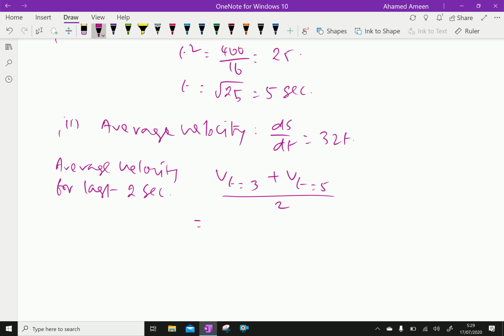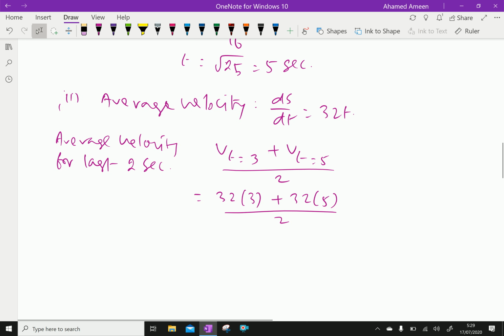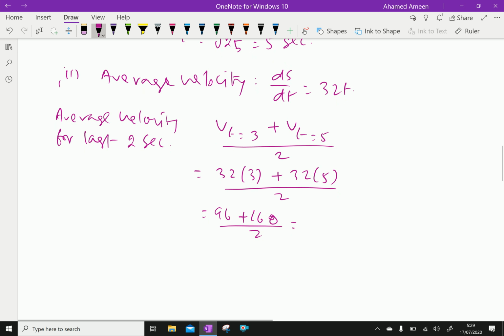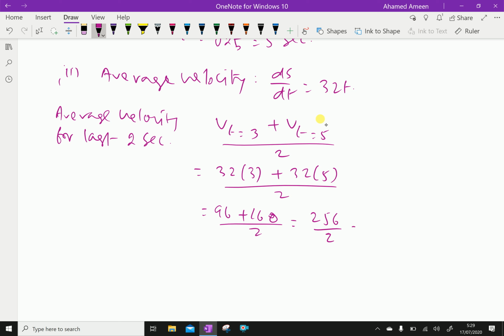So v at t equal to 3 is 32 into 3, because ds by dt is 32 t, plus 32 into 5, over 2. 32 times 3 is 96 plus 32 times 5 is 160, by 2, equal to 256 over 2 equal to 128 feet per second. So that is the average velocity in the last 2 seconds.